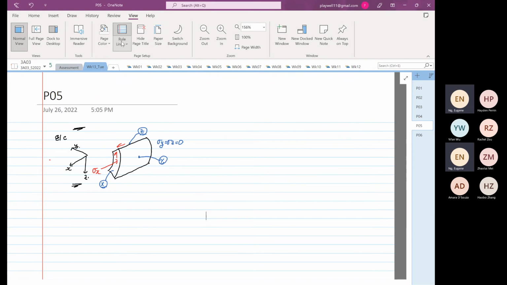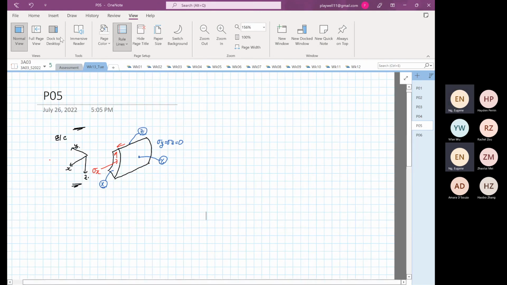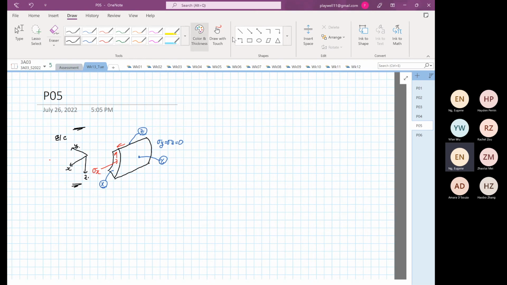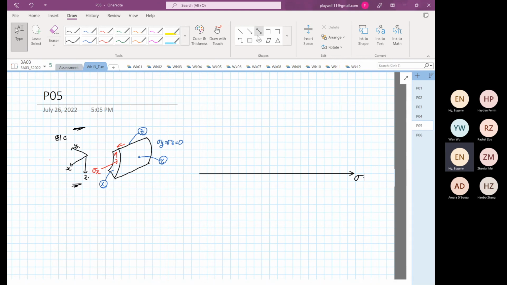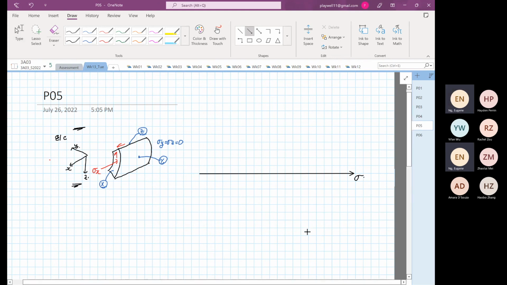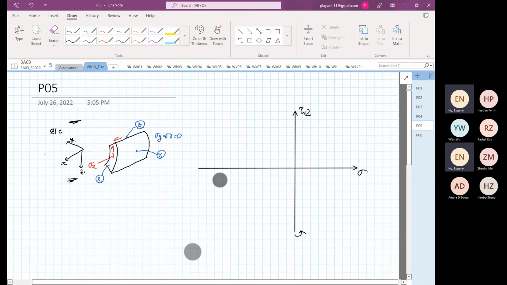So we're going to sketch the Mohr circle. Over here, this is our normal stress, and over here, this is our shearing stress, with element rotate clockwise, element rotate anti-clockwise.